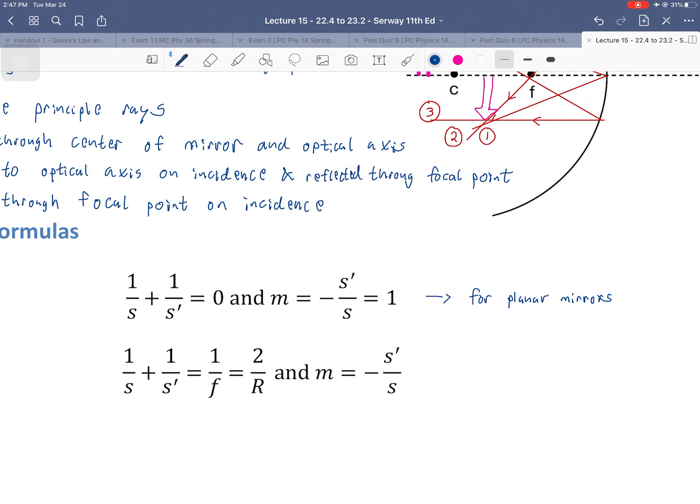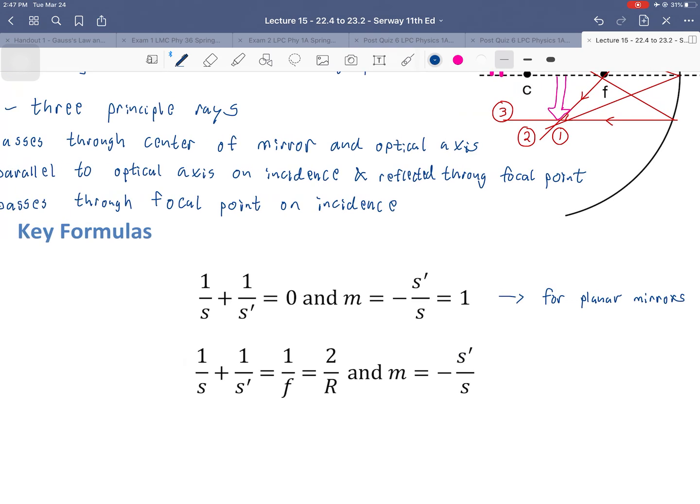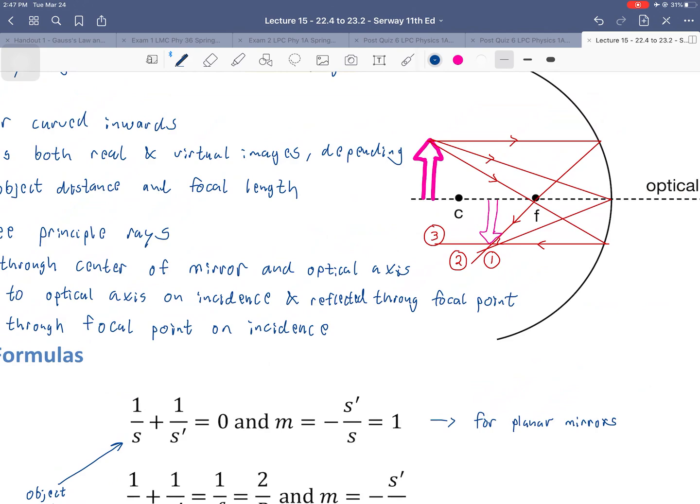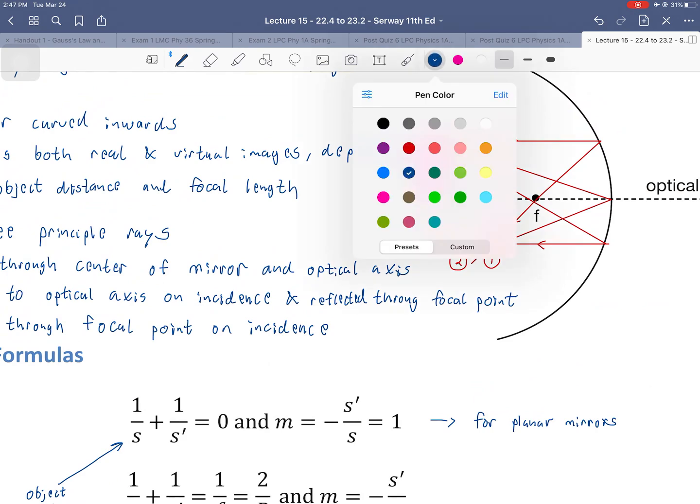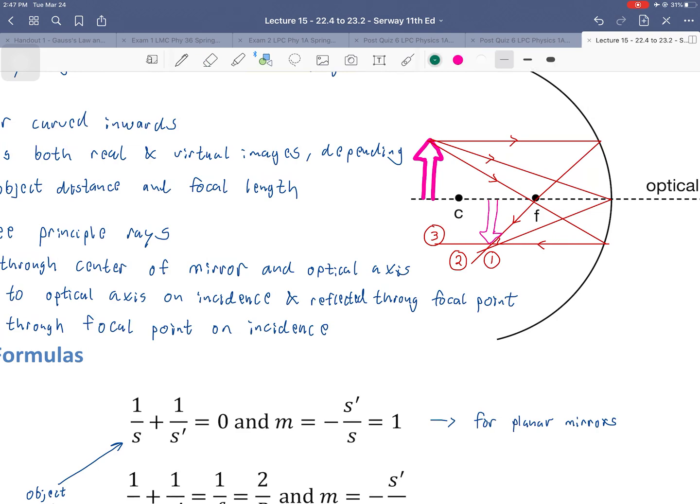Okay? So s is the distance from the mirror of the object. So s is the object distance. So using the concave mirror as an example, s would be this distance here. Okay, so this right here would be s.